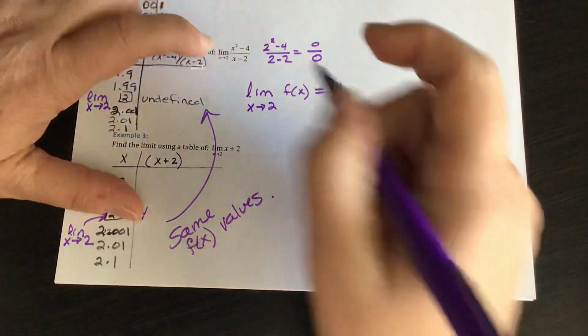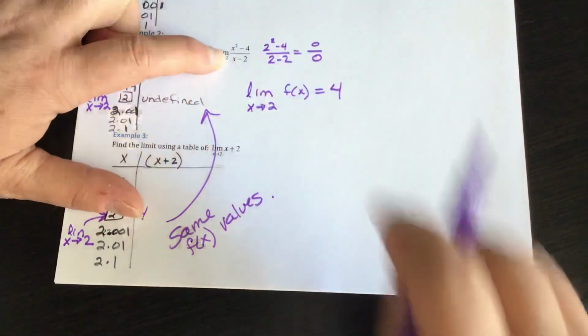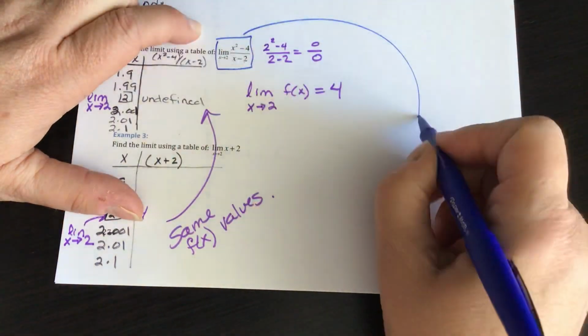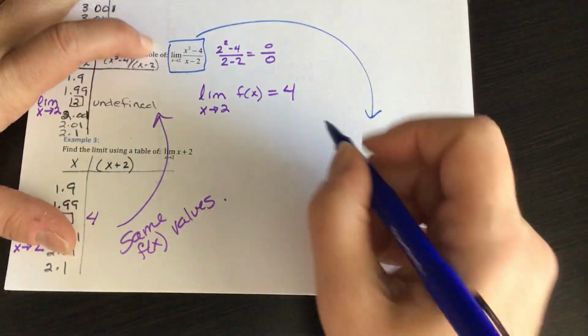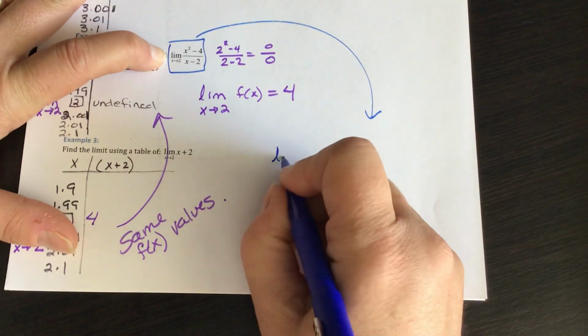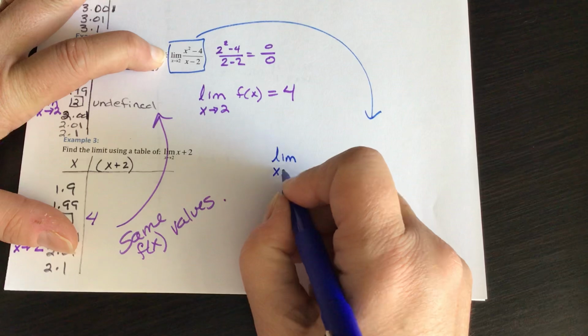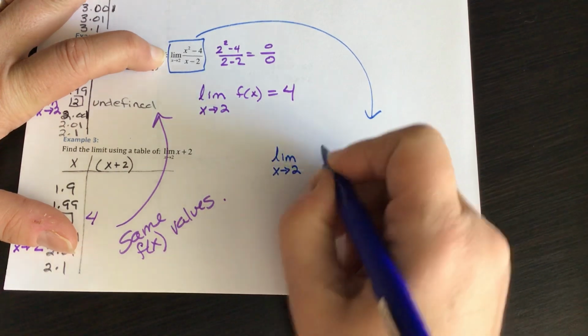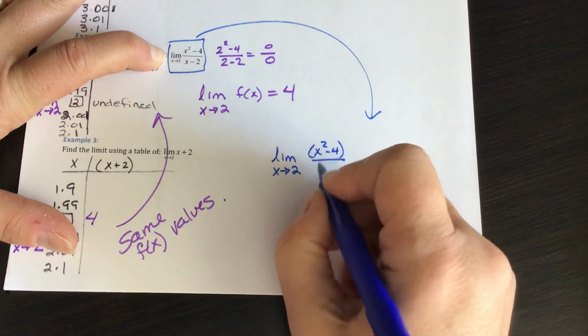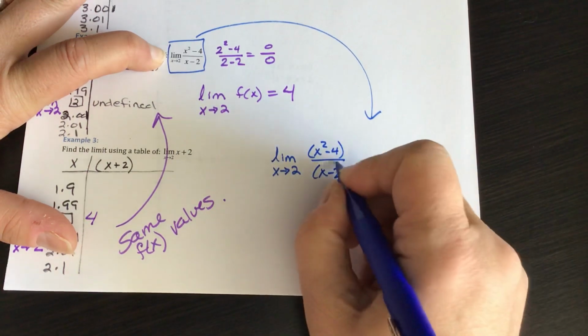Now, if I were to take this function, let's just come down here. And how about if I factor that? So I have the limit as x approaches 2 of x squared minus 4 over x minus 2.